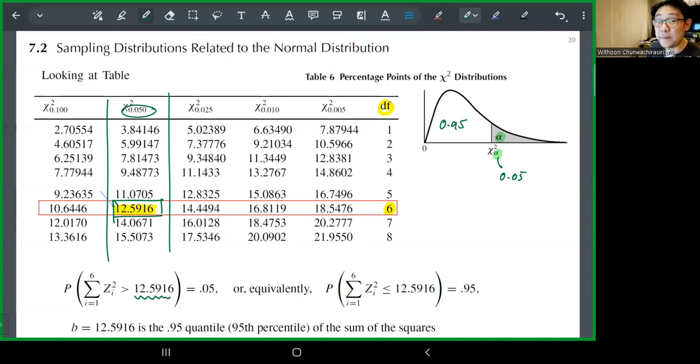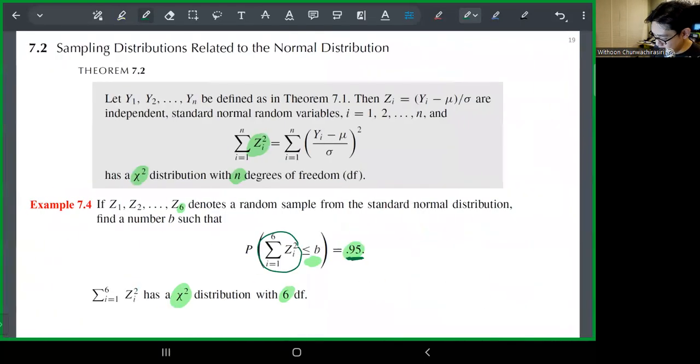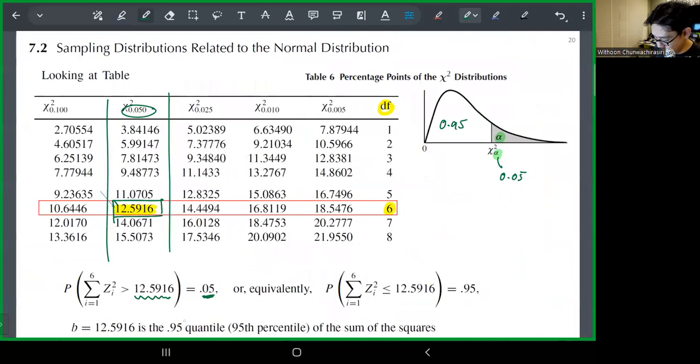That's the B. So what it says is the probability of the sum of the Z squares being greater than 12.59 is 0.05. That means the B that you look for is this number right here.